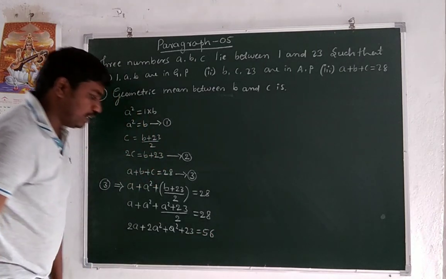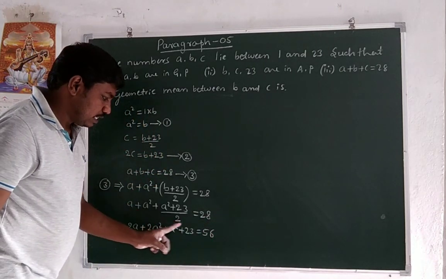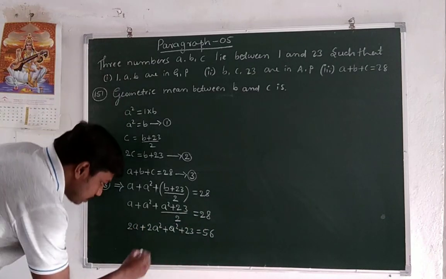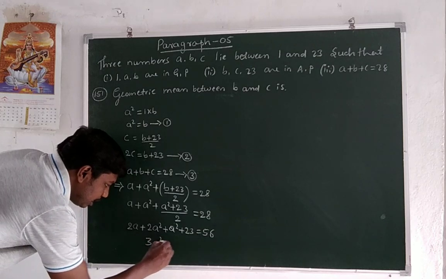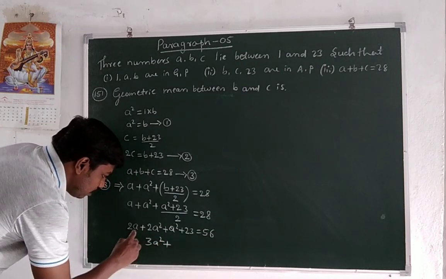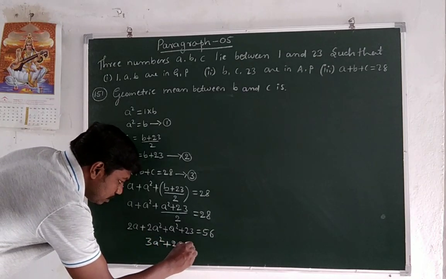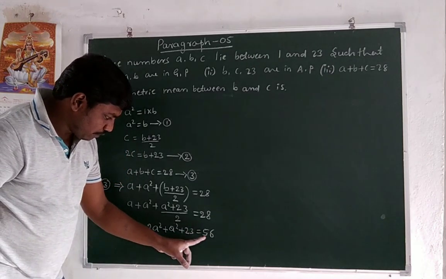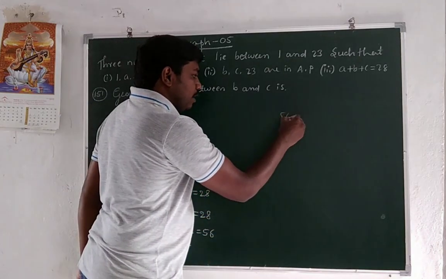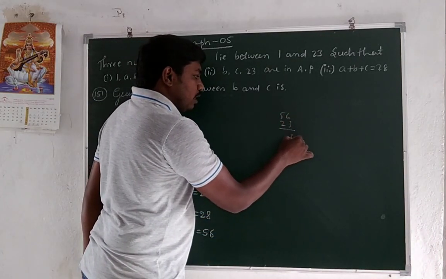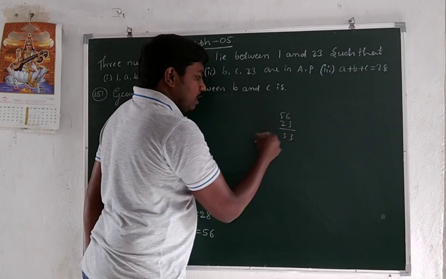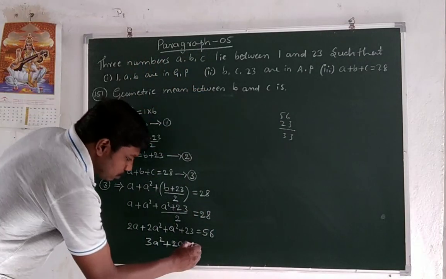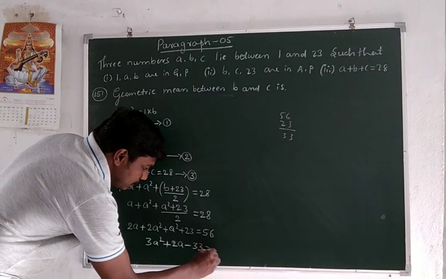So 3A square plus 2A plus 23 minus 56 gives 3A square plus 2A minus 33 is equal to 0.